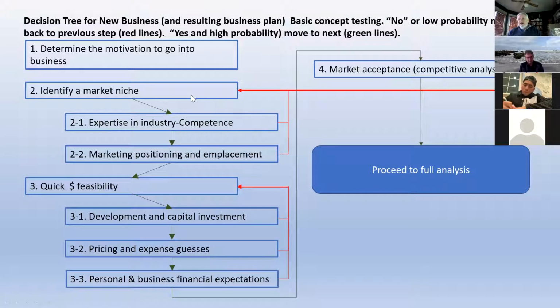So to identify a market niche, first you want to make sure you've got expertise in the industry. If you don't understand the industry, then you have quite a lot of work to do in order to be able to figure the industry out.